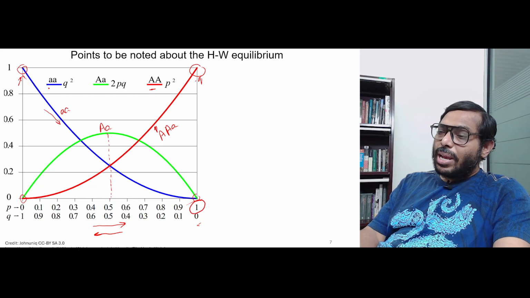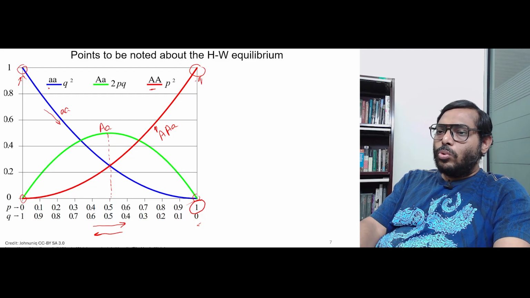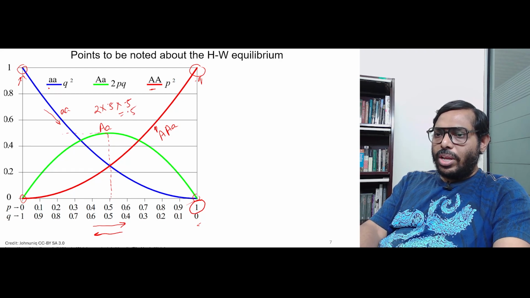And what will be that maximum value? Simple, 2 into 0.5 into 0.5. So, 0.5 into 0.5 is 0.25, and twice that is going to be equal to 0.5, and that is what you can see over here. Okay. So, this is 0.5.